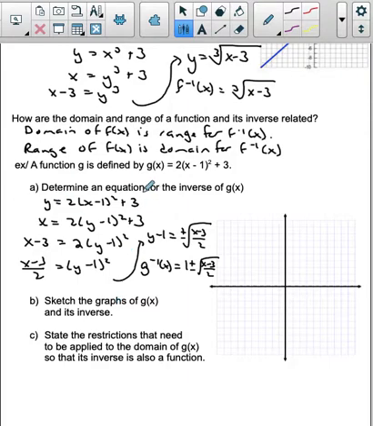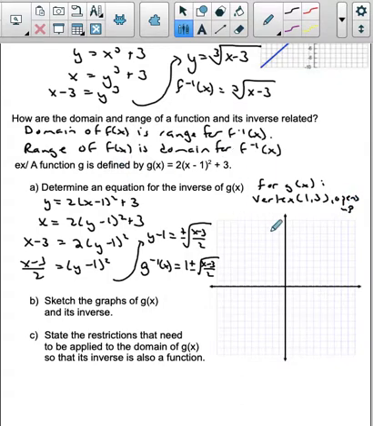Draw the first parabola, because we talked yesterday about how to do that quickly, and then just switch your x's and y's in some of the points and put it on the other side. If I want to draw g(x), all you need to know is that your vertex is at (1, 3), and it opens up.